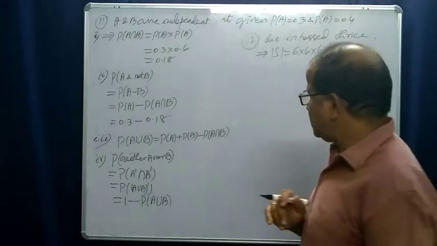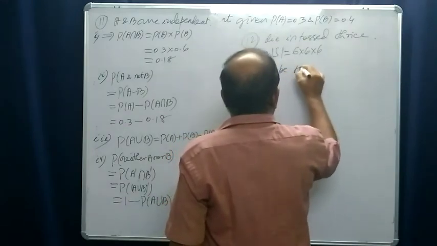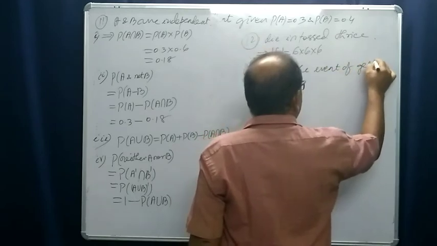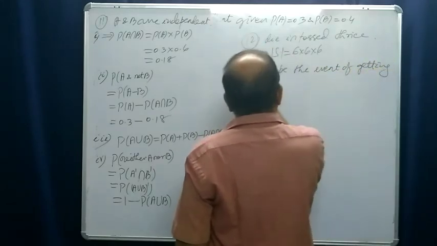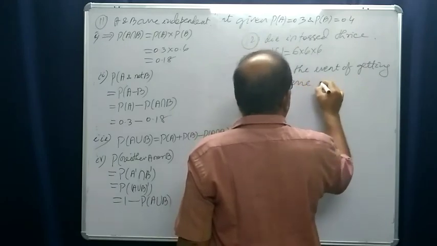Let A be the event of getting at least one odd number.